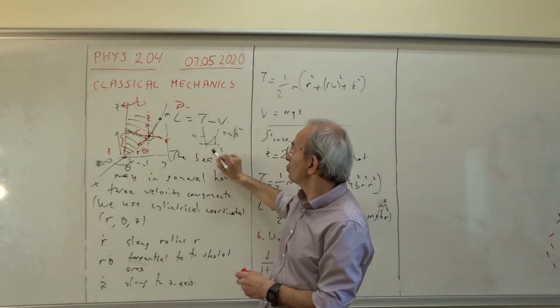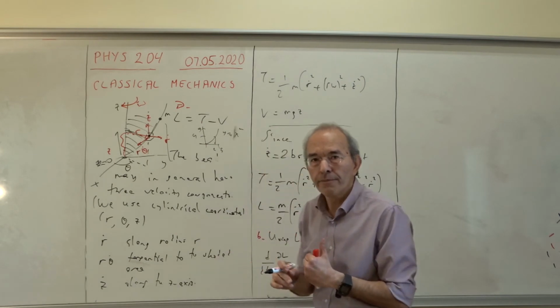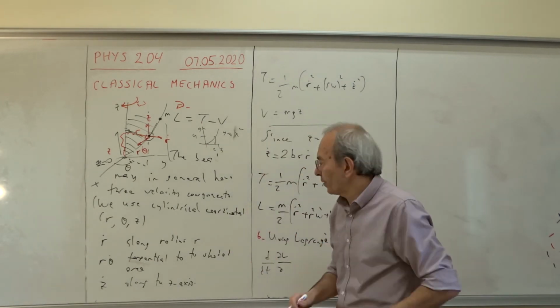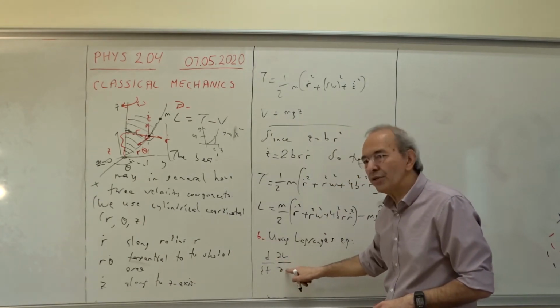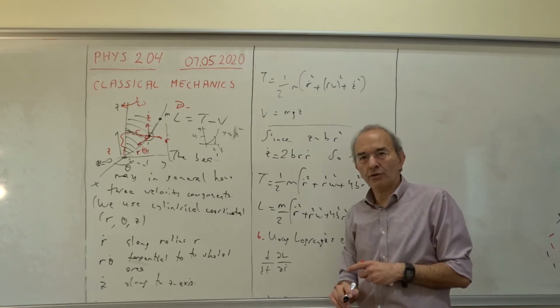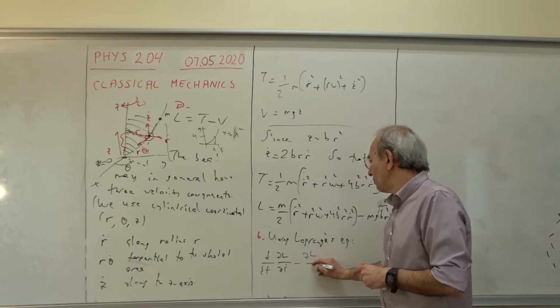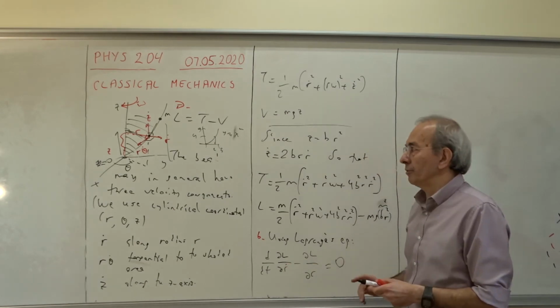If you set x equals 3, y is 9. So they are dependent. Z depends on r. Therefore, here we will write the only variable and its time derivative: d by dt of del L by del r dot, minus del L by del r, has to be equal to 0.